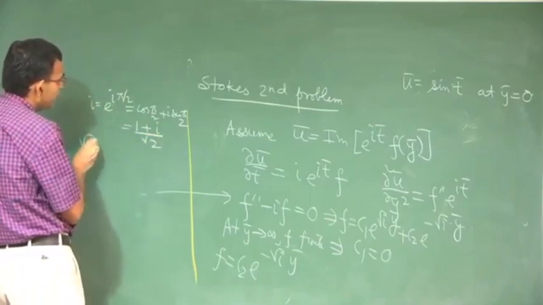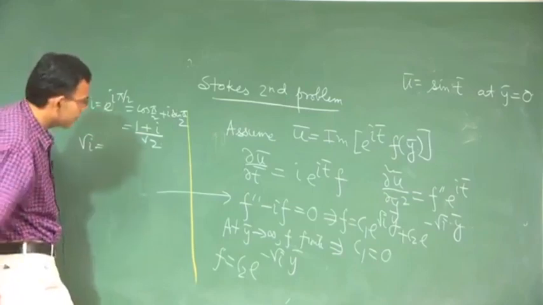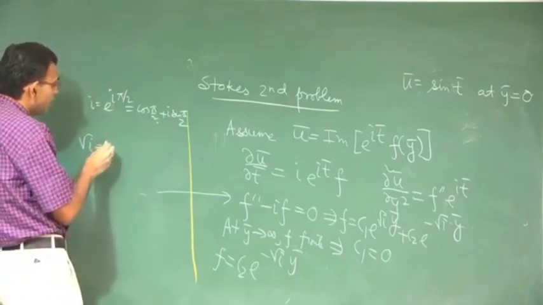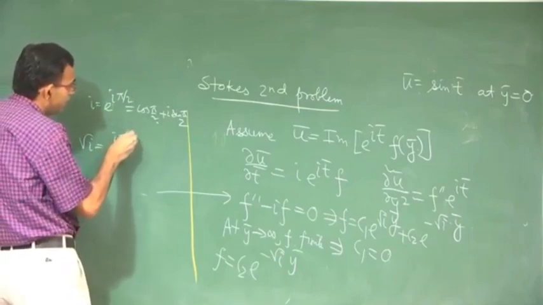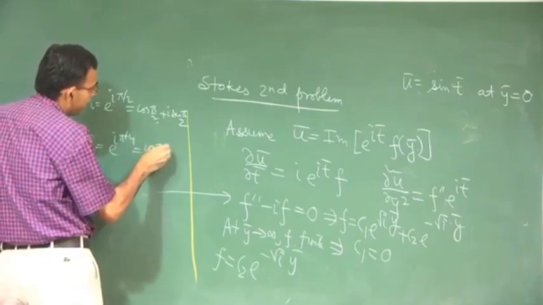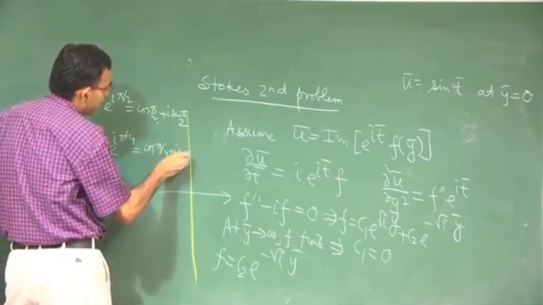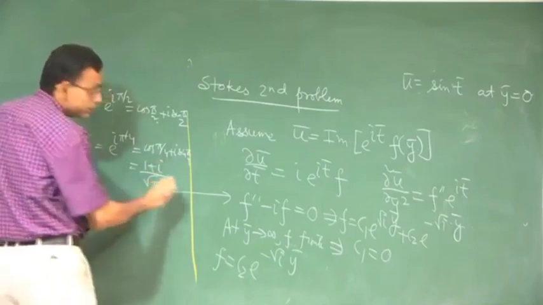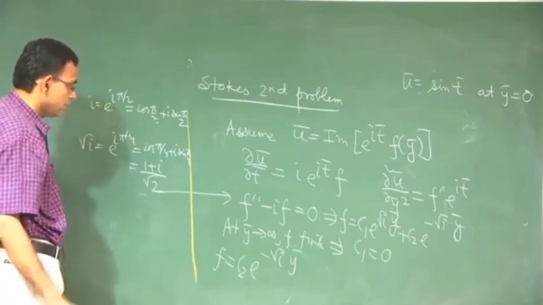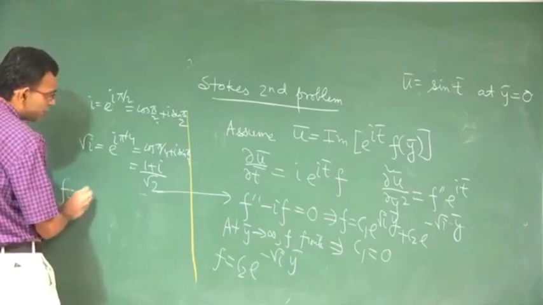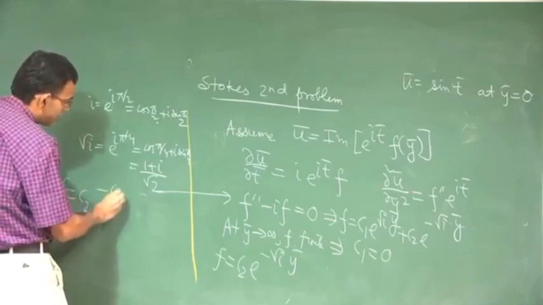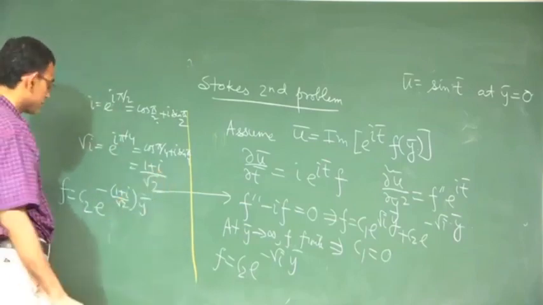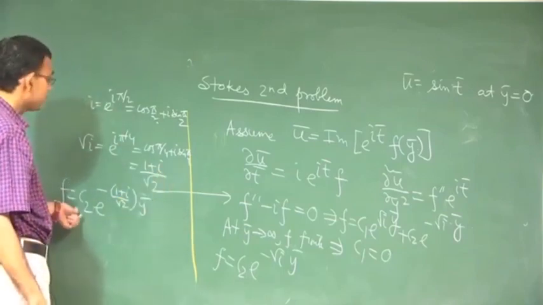So, square root of i is e to the power i pi by 4, this is cos pi by 4 plus i sin pi by 4, this is 1 plus i by root 2. Okay. So, you can write f is equal to C2 e to the power minus (1 plus i by root 2) into this. How do you get C2?